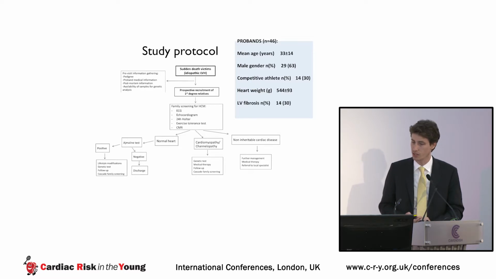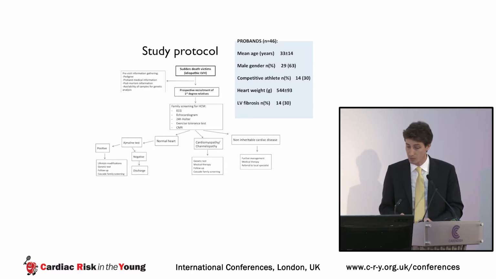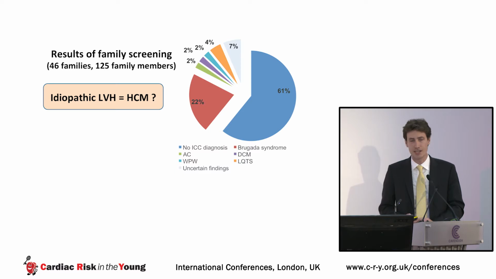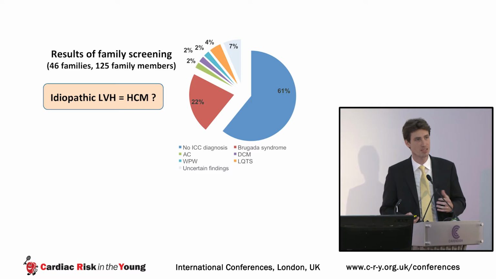The mean age was 33 years, male gender prevalent, competitive athletes in 30% of the cases, average heart weight 544 grams, left ventricular fibrosis in 30%. And we prospectively screened the first-degree family members, and we screened them extensively with ECG, echocardiogram, 24-hour tape, exercise test, CMR, and ajmaline test.